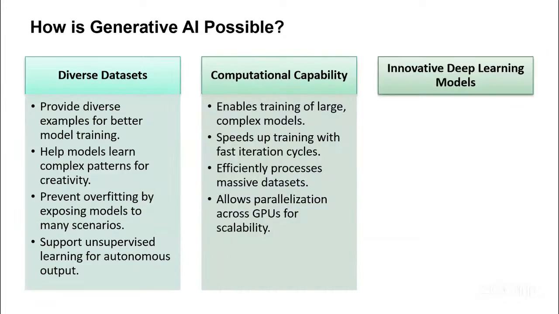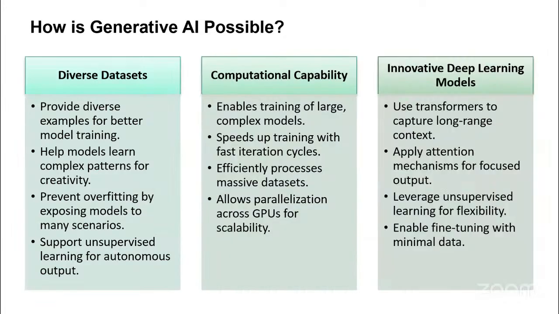How is Gen AI possible? Because we have diverse data sets, we have very large computational capability, and also deep learning models are embedded into them. Whenever we are using ChatGPT or Lovable or any other platform that is running generative AI on the back end, there is a data center somewhere which is providing all this power, right?